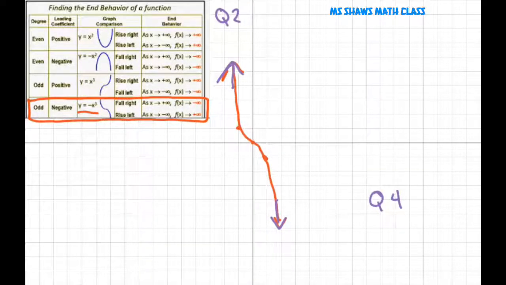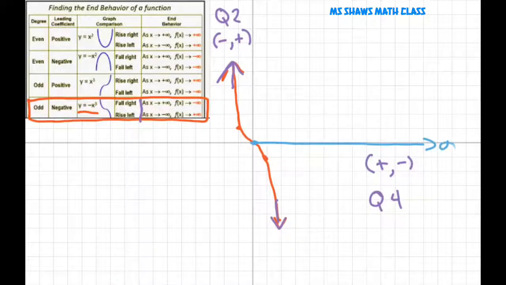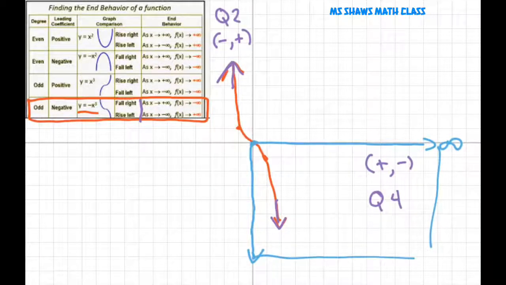And that means that we're going to look at our part right here. If you look at quadrant 2, that is going to be negative, positive, and quadrant 4 is positive, negative. And all that means is x gets larger and larger from 0, our x values. My y values actually get smaller and smaller from 0. So that puts us in quadrant 4 here.